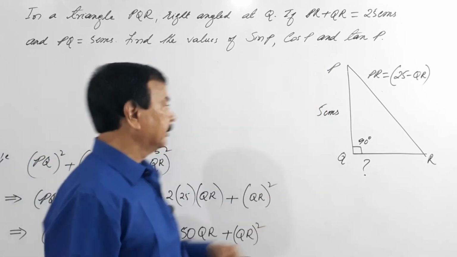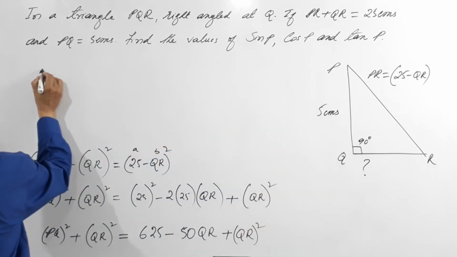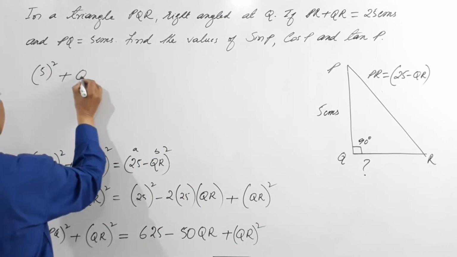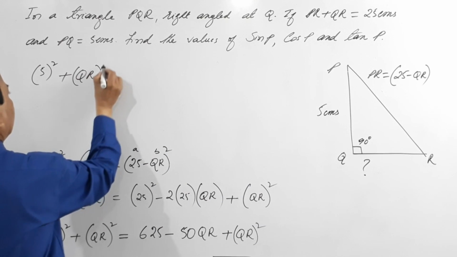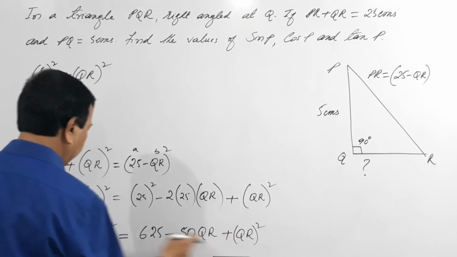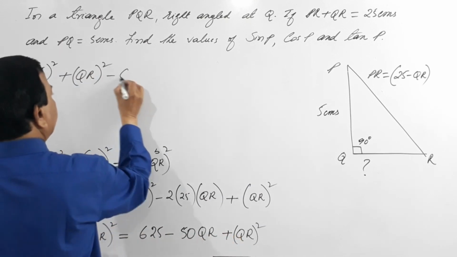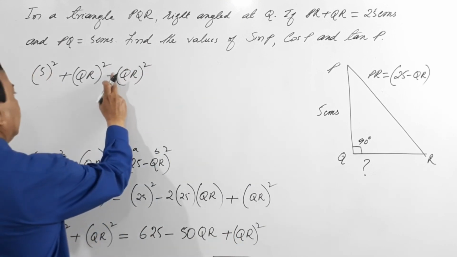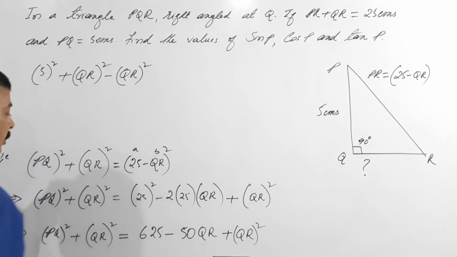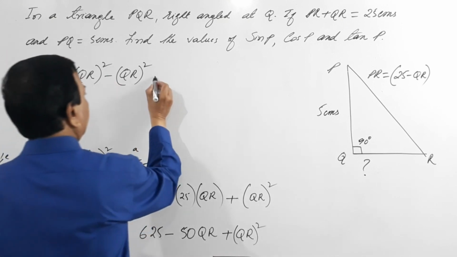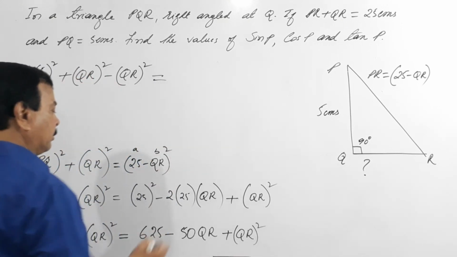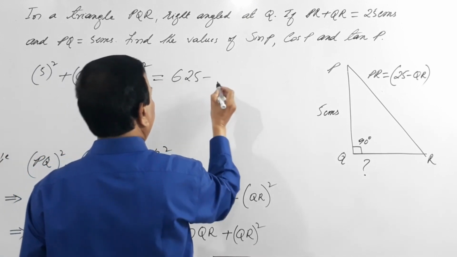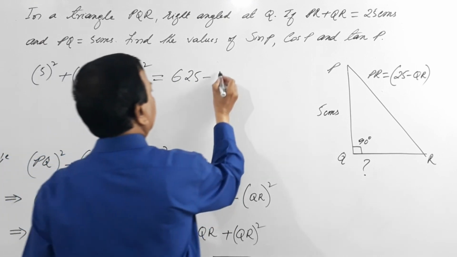PQ is 5. So that becomes 5 square plus QR square. I'll bring this QR square to the left hand side. So this becomes minus QR square equals to 625 minus 50 QR.